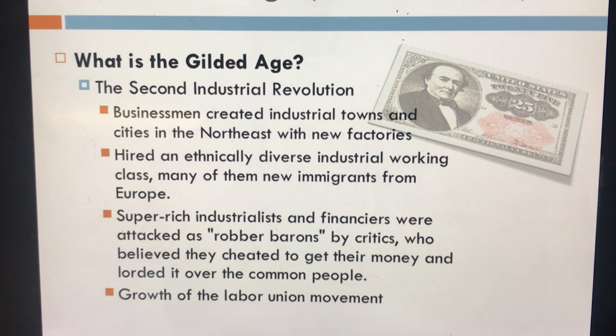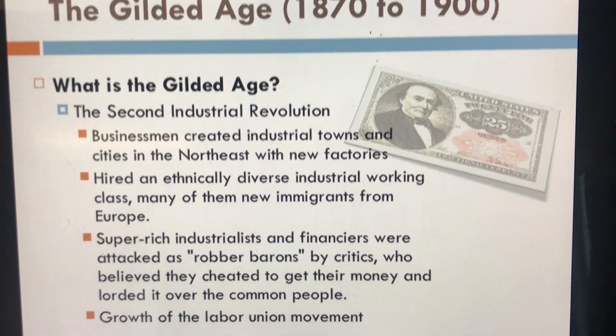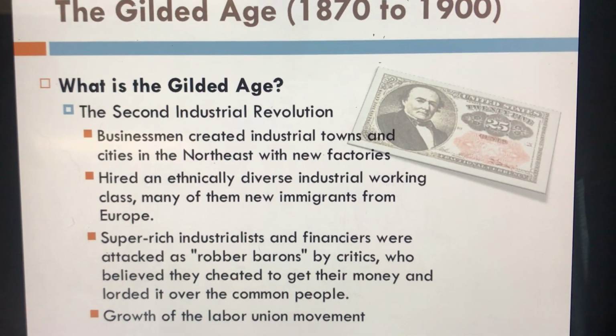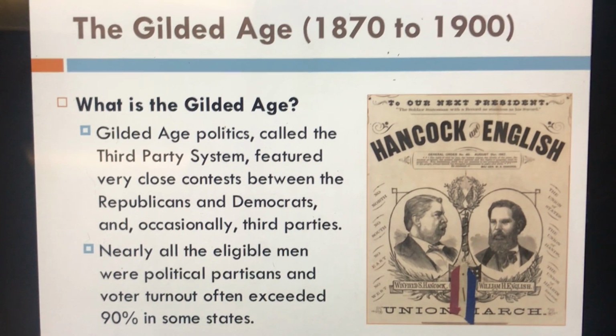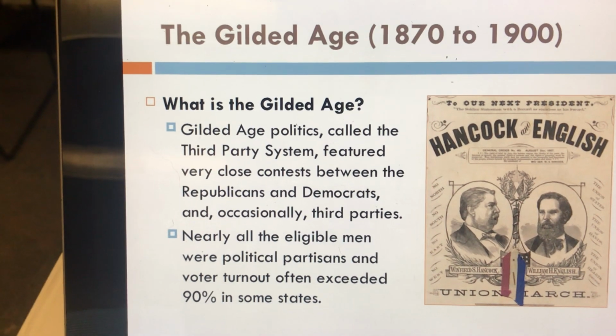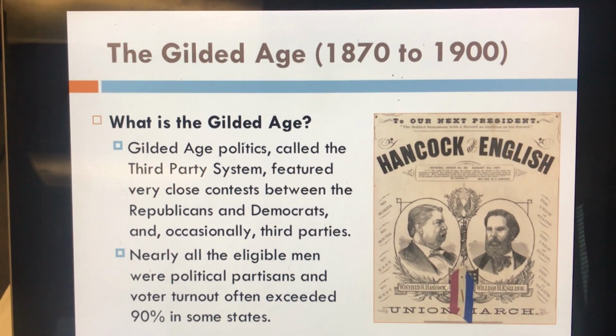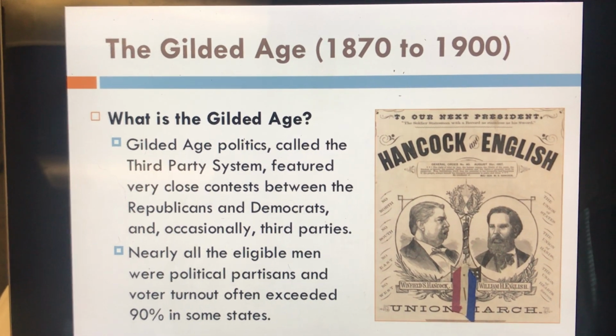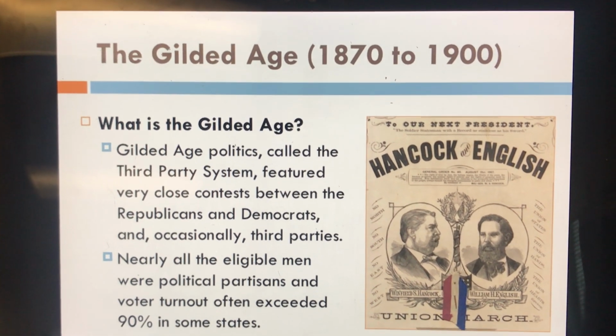It was also a growth, or precipitated the growth, of the labor union movement. Workers began to feel taken advantage of, which led to labor unions. Politics, sometimes it's called the third party system during the Gilded Age.